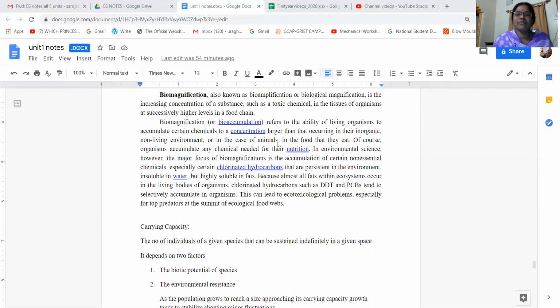In the case of animals, it is in the food they eat. Of course, organisms accumulate any chemical needed for their nutrition. In environmental science, the major focus of biomagnification is the accumulation of certain non-essential chemicals, especially certain fluorinated hydrocarbons that are persistent in the environment, insoluble in water, but highly soluble in fats.